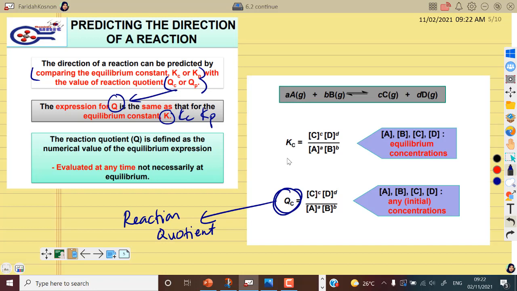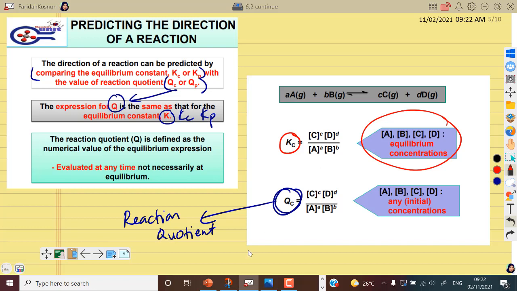Okay, kita akan gunakan normally adalah initial concentration bagi reactants and product dalam sistem tersebut. Kalau kita nak kira KC, sebelum ni kita dah belajar kira KC ataupun KP. Untuk mengira Kc or Kp, we have to use equilibrium concentration. Itu sangat jelas. Maksudnya, selagi kita tak ada nilai concentration, for example, at equilibrium for the reactants and product, kita tak boleh kira Kc.